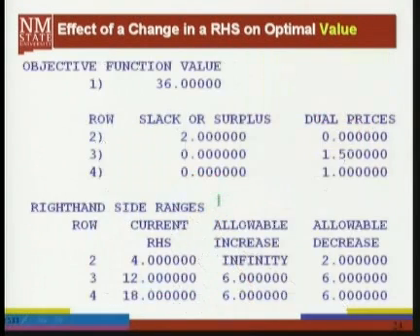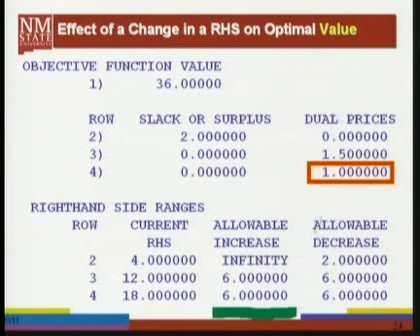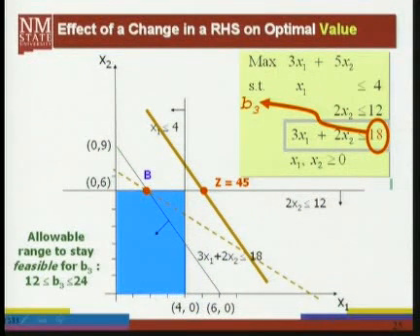Okay, then, now what if the B3 value is increased by 9 units, which is above the allowable range? Can we still say the objective function value is improved by 9 times this much? No, right? If the original optimal solution is feasible, then we can say yes. However, in this case, the original optimal solution is no longer feasible, right?